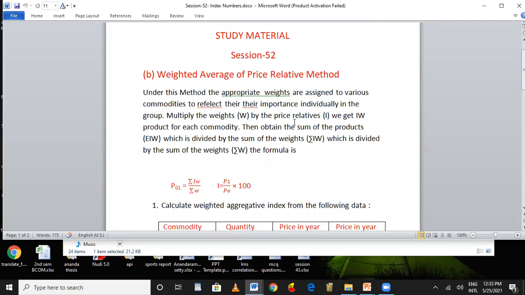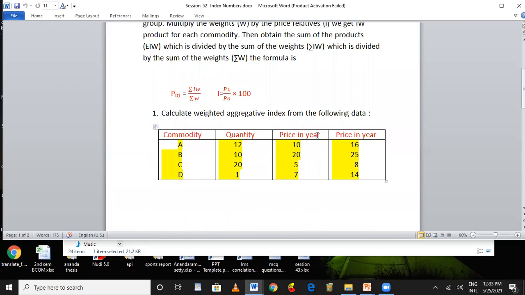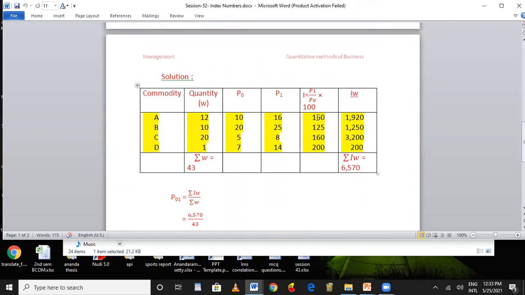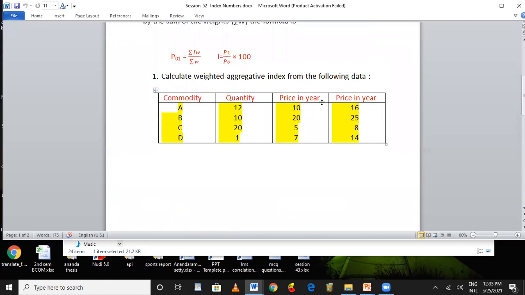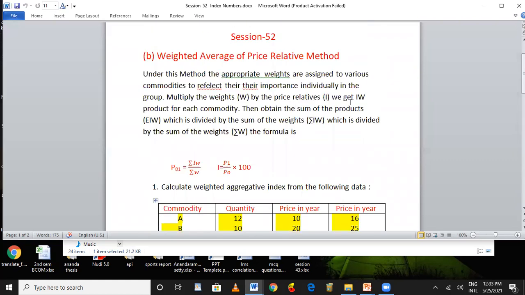Individual importance has been given. Multiply the weights by the price relatives, we get IW. Here I means price relatives. The price relatives we have obtained are 160, 125, 160, 200, so that we get the total. That total has been denoted as sigma IW.